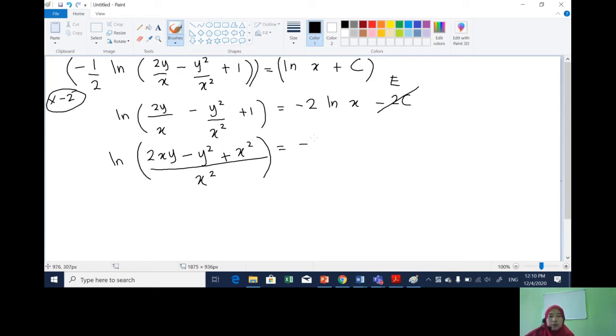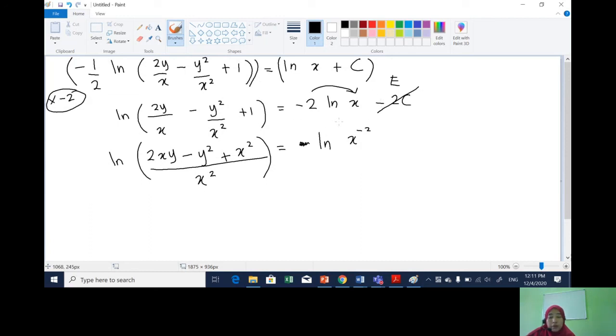So equal to negative. For the right hand side, we can bring it down here. So we have ln x to the power -2. This is by using the rules of logarithm, right? The exponent becomes the power.